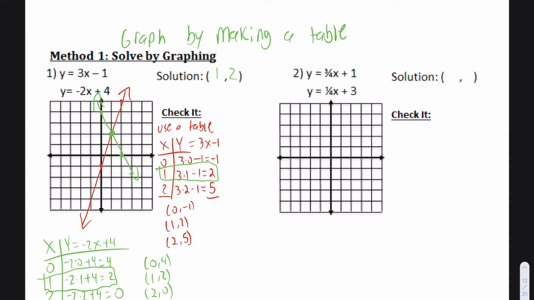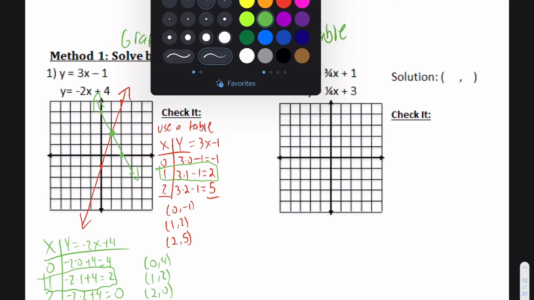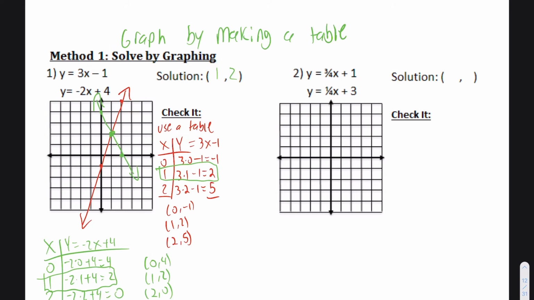The second way that you could graph is you could graph by starting with the y-intercept. Okay, so I'm going to do this top equation in green. The y-intercept is 1. That means when we have 0 for x, we have 1 for y.